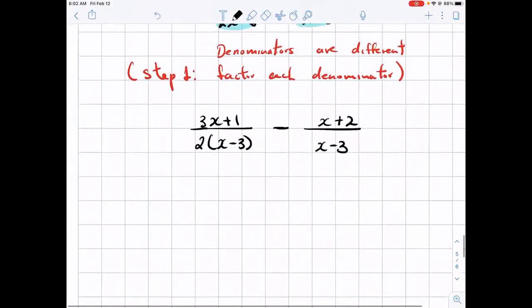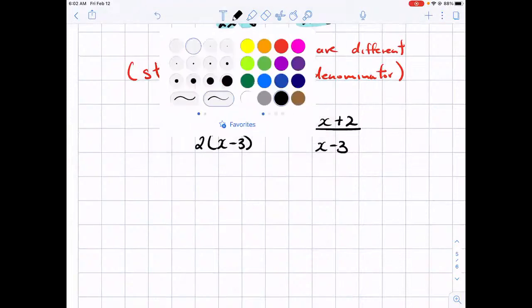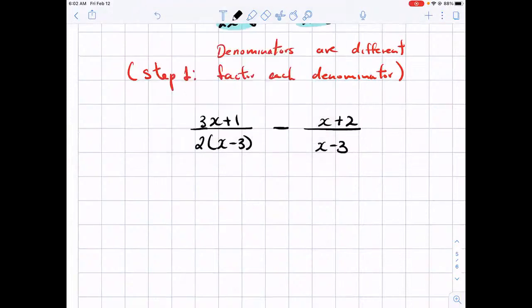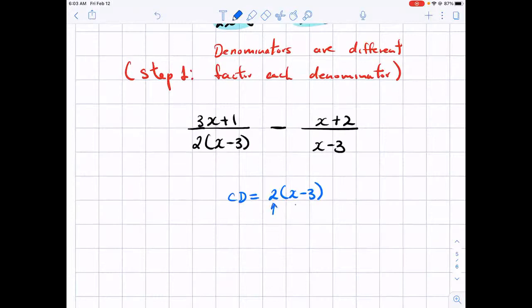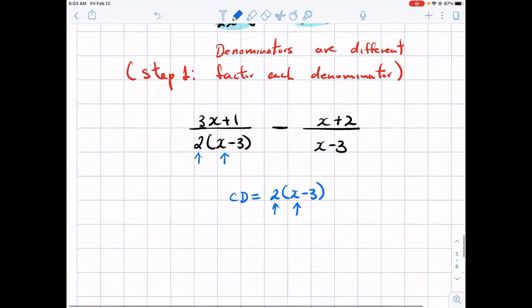So now my common denominator is 2 times x minus 3. Okay? Pay attention. Notice I already have 2 times x minus 3, which I'm getting from here. But notice this here is also x minus 3.